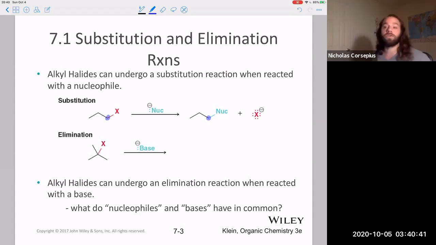An elimination reaction is a little bit different. This is going to take place between an alkyl halide and a base. What you're going to have is the elimination that is going to produce an alkene. In this case, the base removes a hydrogen. That's what bases do, right? And you get an alkene.